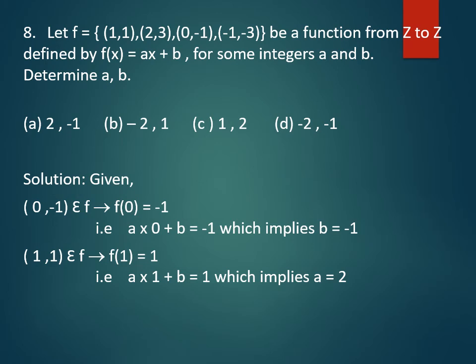Similarly, ordered pair (1, 1) belongs to f implies the image of 1 under the function f will be 1. So substitute this in the given equation. You'll get a into 1 plus b equal to 1. But we already know the value of b as minus 1. Substitute here, which implies a is equal to 2. Therefore, the value of a is 2 and the value of b is minus 1. That will be option A here.